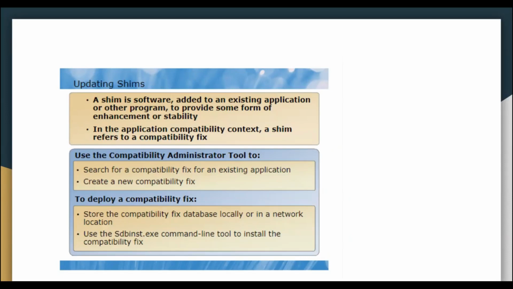Use the Compatibility Administrator tool to search for a compatibility fix for an existing application and to create a new compatibility fix. To deploy a compatibility fix, store the compatibility fix database locally or in a network location. Use the sdbinst.exe command line tool to install the compatibility fix.